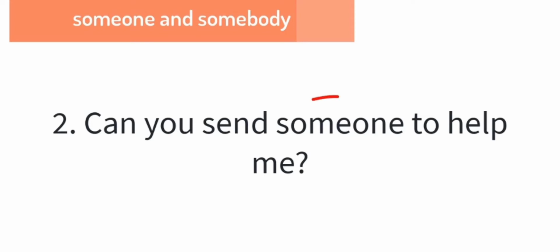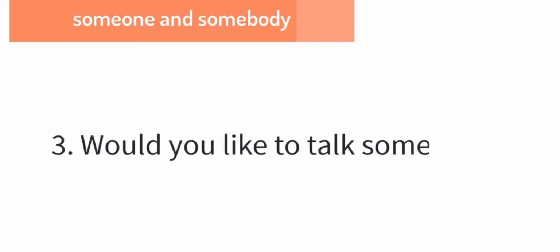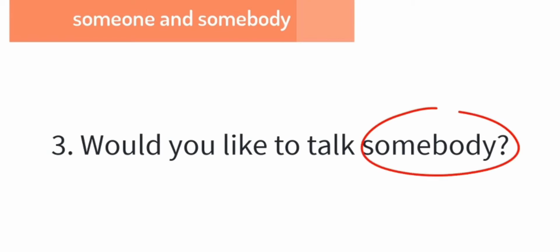I use someone again here because our sentence is in the form of a question, and it is making a request, meaning you are asking for some help. And for the last example, we have, would you like to talk to somebody? I use somebody here because the sentence is in a question form again, but it is making an offer.